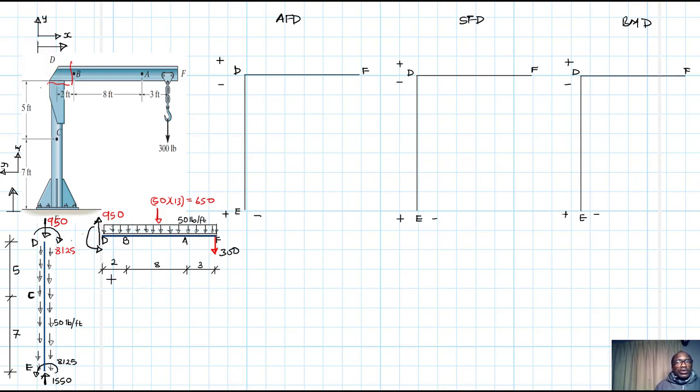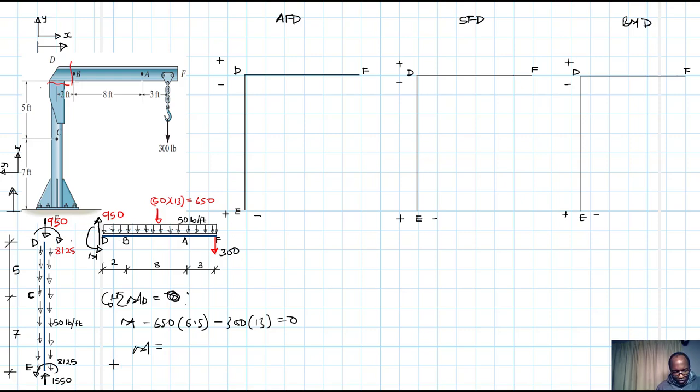The only thing is that they will have opposite directions. Let's call that moment M. If you apply summation of moments for the beam, clockwise about D, then you expect M, which is anticlockwise, then a minus 650 by half of 13, which is 6.5, and a minus 300 by 13 equal to 0.